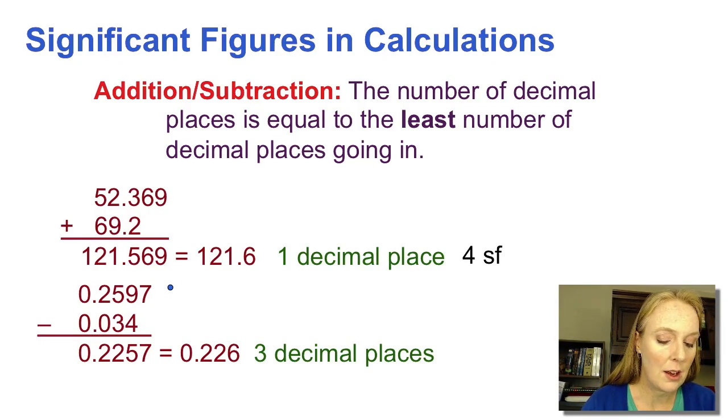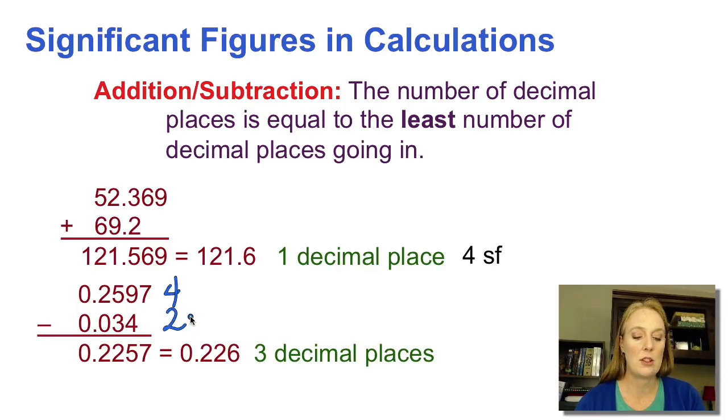I had a number that had 4 significant figures added to a number that had 2 significant figures, and the answer there, I said, had 3 significant figures because it's to 3 decimal places. So when you add and subtract, you can't just count up the number of significant figures in the quantity you're using in the calculation. You actually need to look at the decimal place to determine the significance of the answer, to determine the correct number of significant figures for the answer.